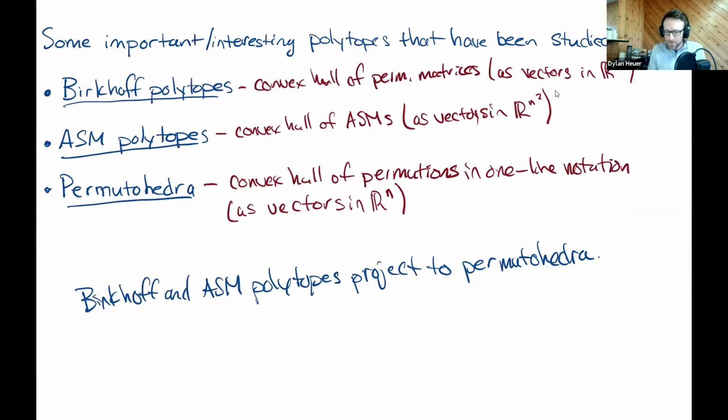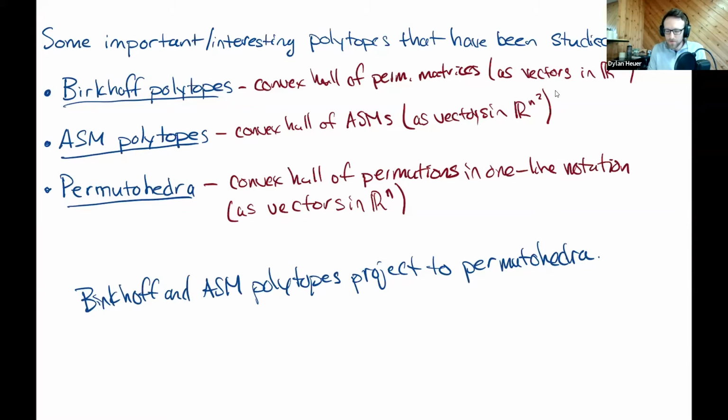Then we have a slightly less studied alternating sign matrix polytope, which is the convex hull of the alternating sign matrices. An interesting connection between all these is that the Birkhoff polytope should be contained in the ASM polytope, and they both project to the Permutohedra by multiplication by the vector 1, 2, up to n.